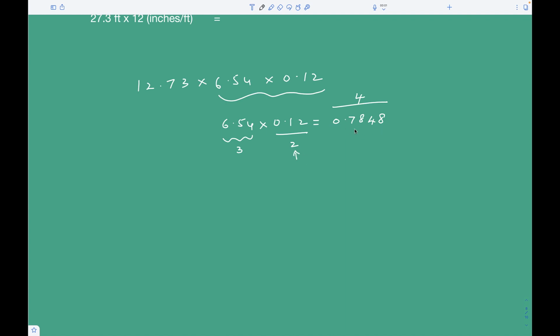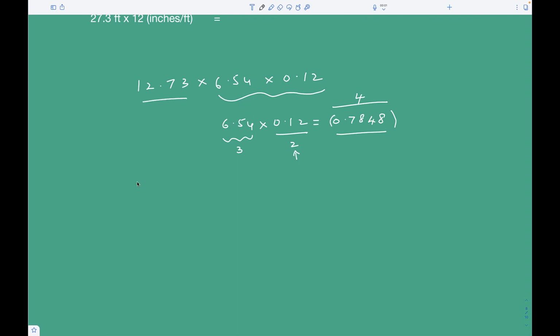So we have to round this result. But remember, in a multi-step calculation, the results of intermediate steps should not be rounded. Only the final result should be rounded. So we have to use the entire unrounded intermediate result for calculation in the next step.